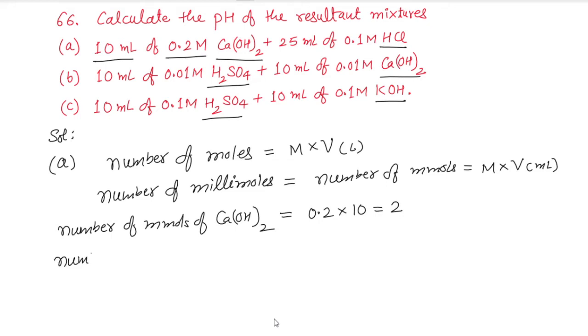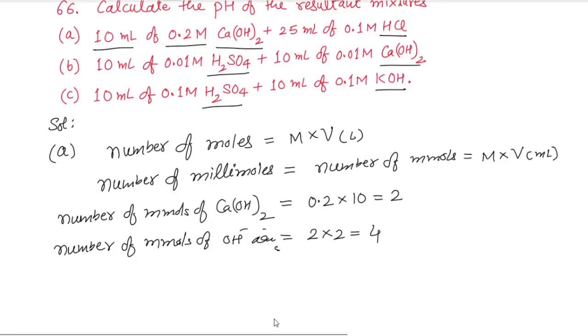But we need OH negative ions. The number of millimoles of OH negative ions in calcium hydroxide is double, because one calcium hydroxide gives 2 OH negative ions. So the number of millimoles of OH negative ions in the solution is 4.